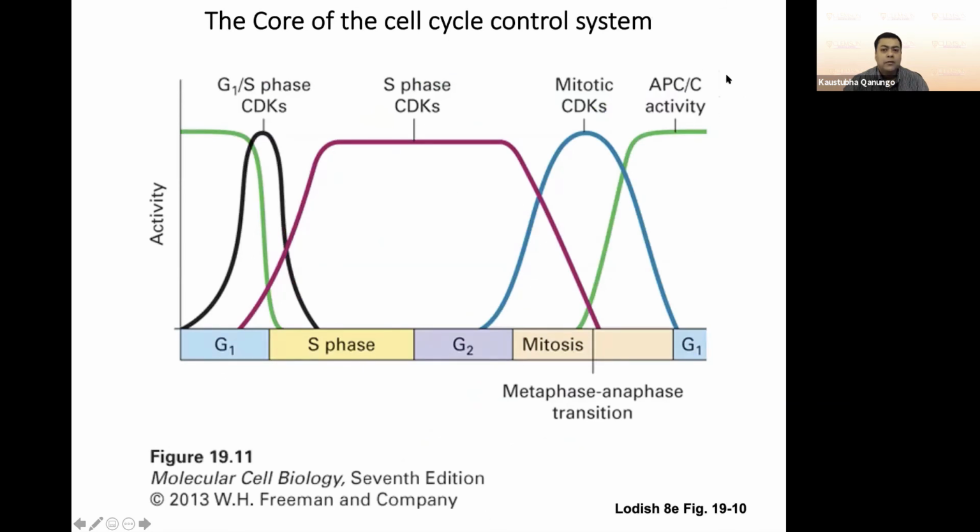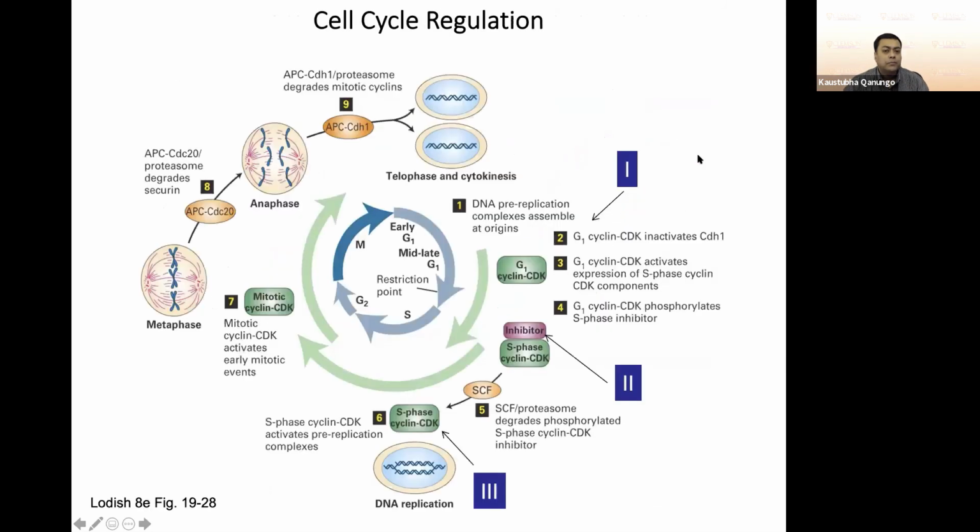And remember that your APC/C is an ubiquitin ligase, so that the mitotic CDKs can get deactivated or degraded during mitosis. So that's important. This is the complex part of it. Remember what is happening in each step, how the G1 CDK-cyclin kinase is activating these proteins.